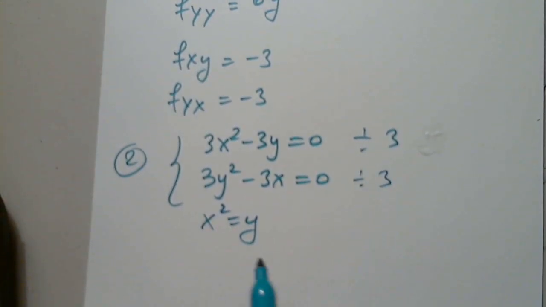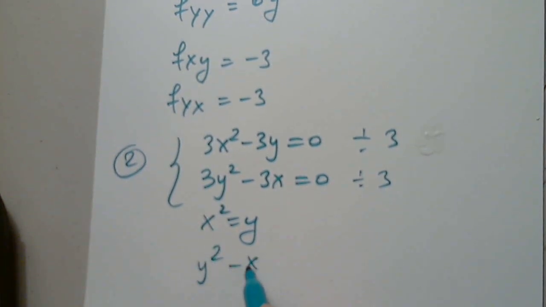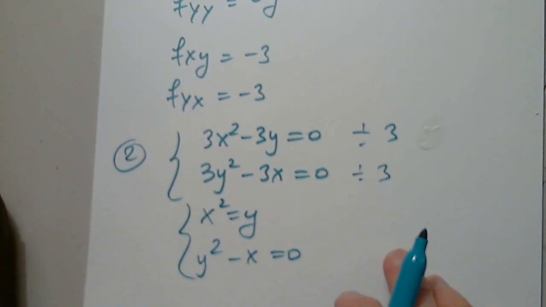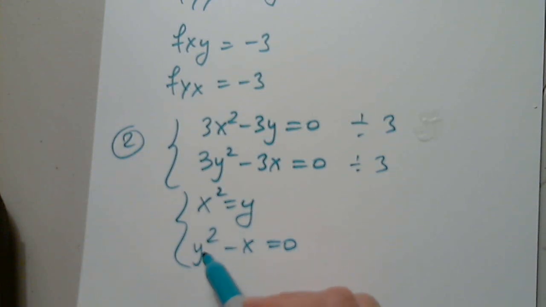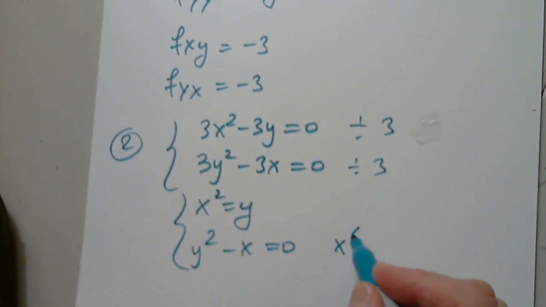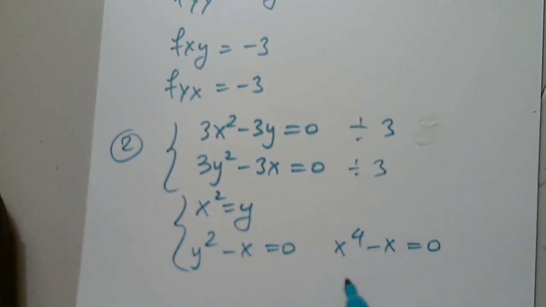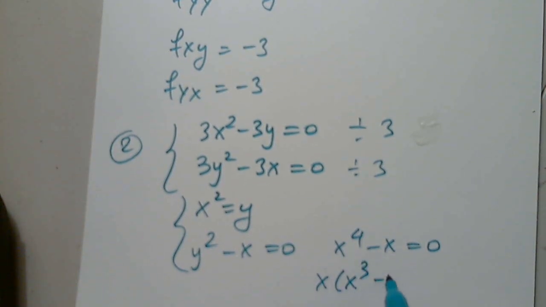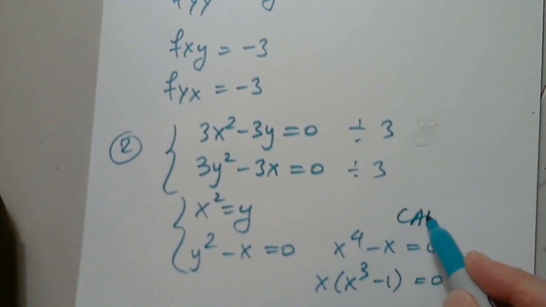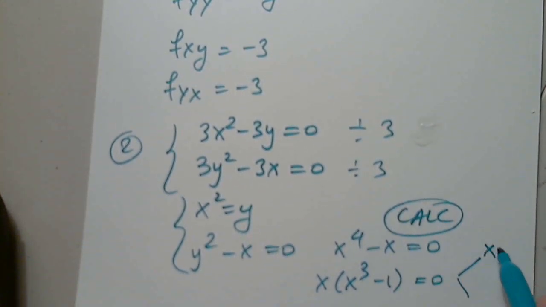And of course I divide by 3 and I get y squared minus x equals 0. So I will replace y by x squared. So I have x to the 4th minus x equals 0. X to the 3rd minus 1 equals 0. And the only real solutions are, and you can use the calculator here, 0 and 1.